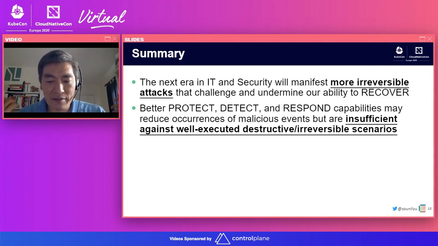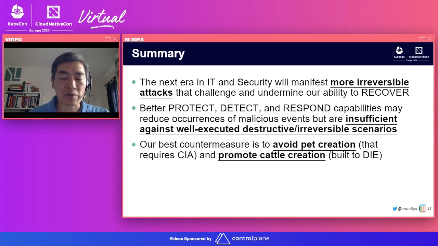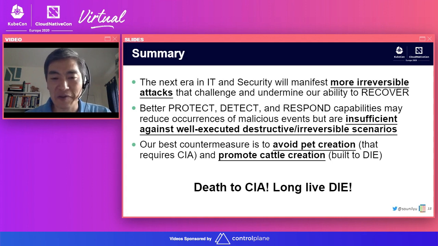Once the event has happened, protect, detect, and respond aren't going to help you anymore. Instead, we need recover solutions, and those recover solutions are going to be based on our ability to avoid pet creation and instead promote cattle creation, cattle that are built to DIE. And so with that, I'll leave you with this view that as a security professional, I want CIA to die and instead have DIE live longer.